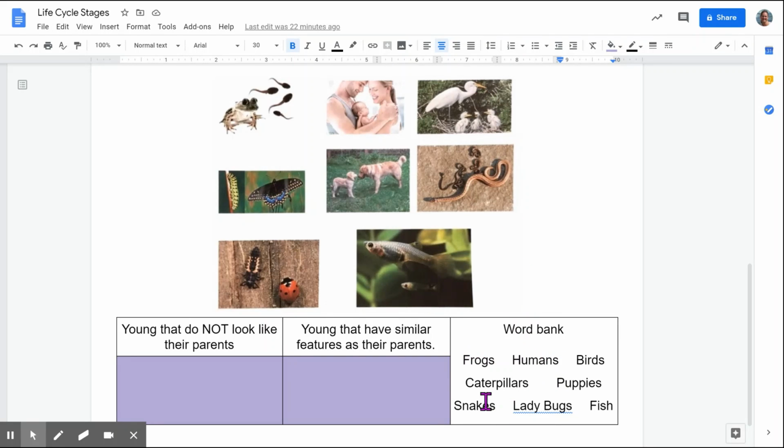Okay, so that's your word bank. And then you decide. The young do not look like their parents. You're going to type in the answers in the purple space. The young have similar features as their parents. So again, these are the words you're choosing from because they represent these pictures up here. And that is what you're going to type in these purple boxes.